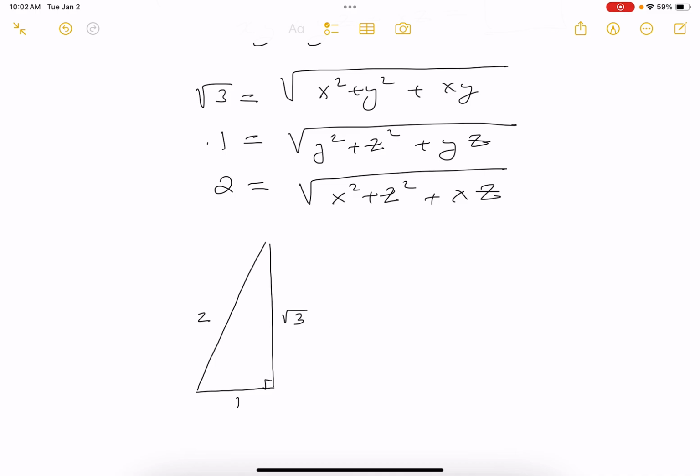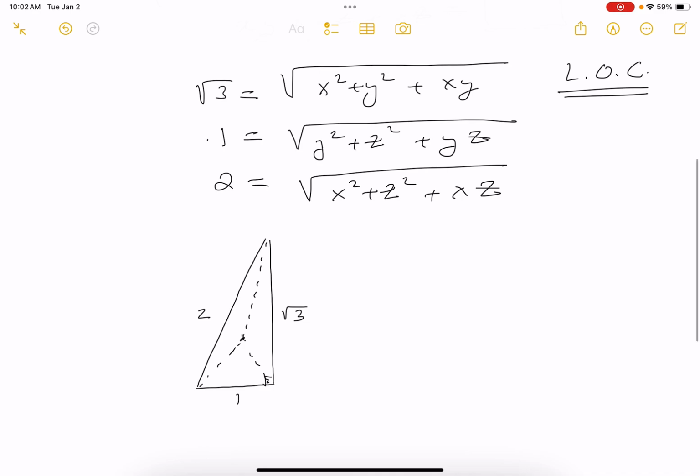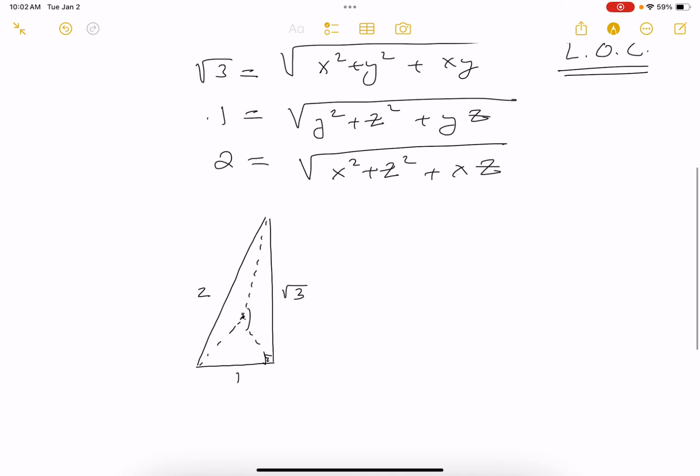I'm starting to think maybe this has something to do with the law of cosines. The way I'm going to do that is I'm going to take a point in the center, and I'm not going to draw a terribly good picture of this, but something like this over here, where I'm dividing that into 3 equal angles of 120 degrees. So this is 120, that's 120, that's 120.